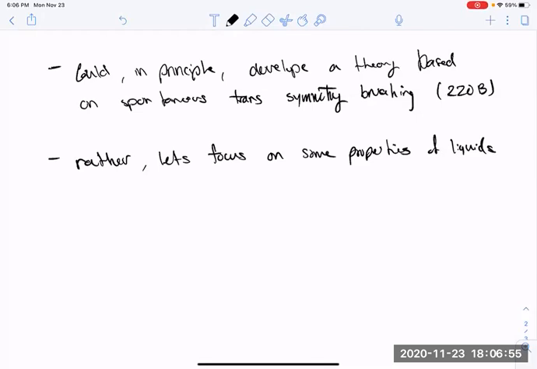Now, liquids are complicated because they certainly are interacting. It's hard to neglect their interactions in a way that we can for a vapor, but they don't interact so strongly such that entropy is not important like it is for a crystal.